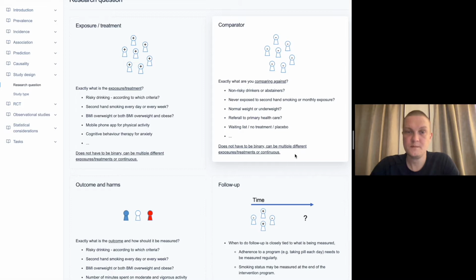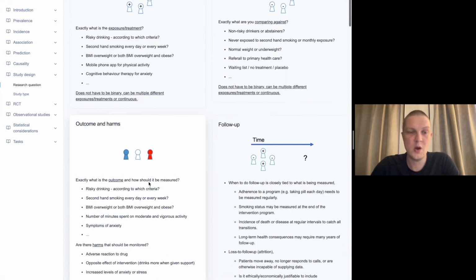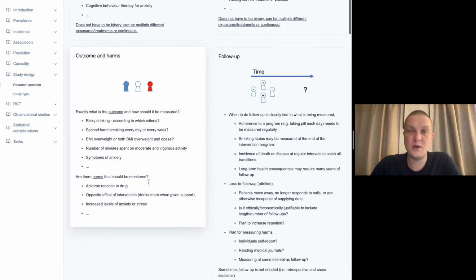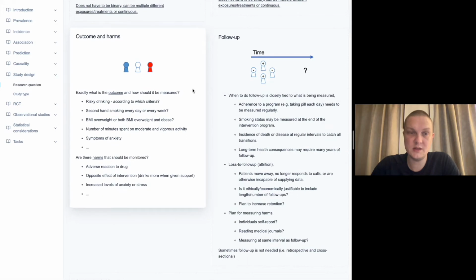Okay, let's move on. What about the outcomes and harms that you need to consider? What exactly is the outcome and how should it be measured? If you're going to have risky drinking as an outcome, according to which criteria and how are you going to measure it? Secondhand smoking, again, according to which criteria, how are you going to measure it?